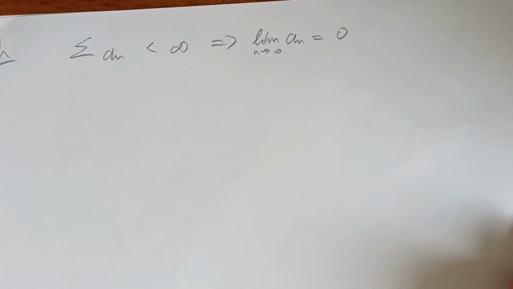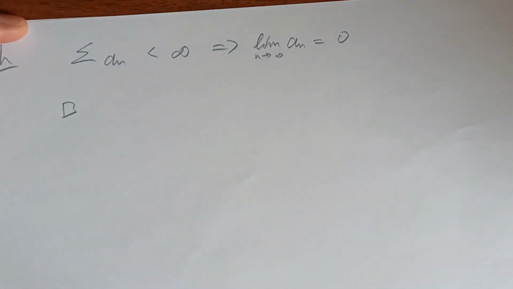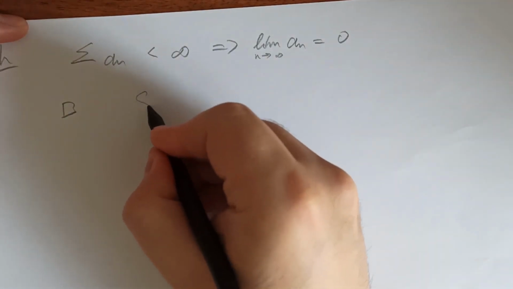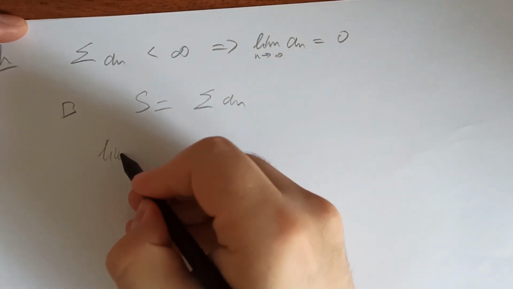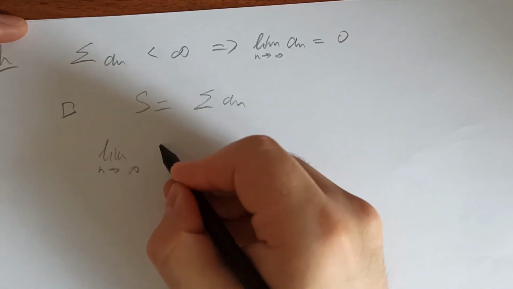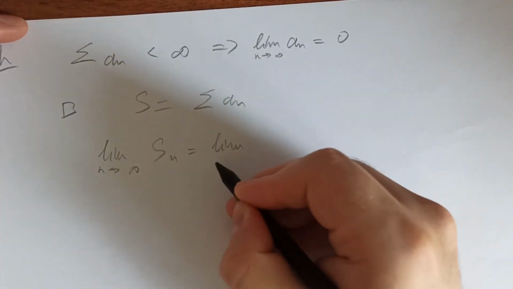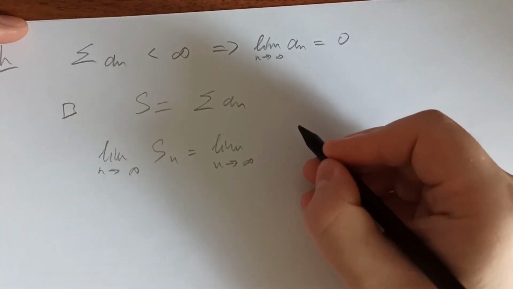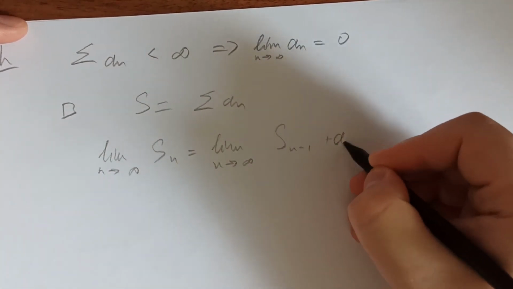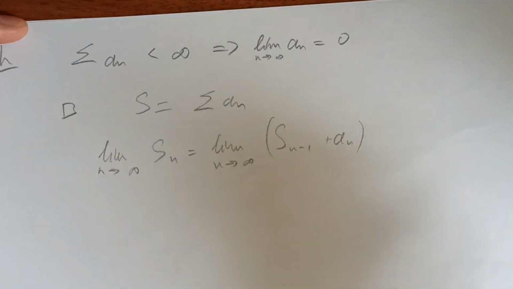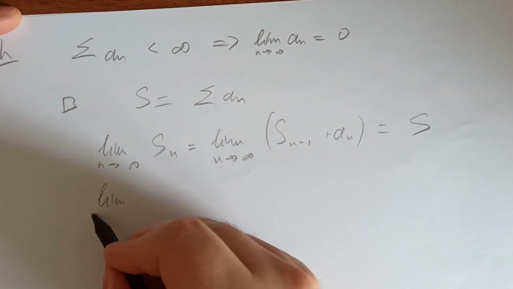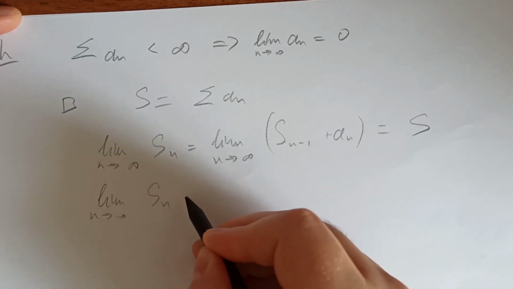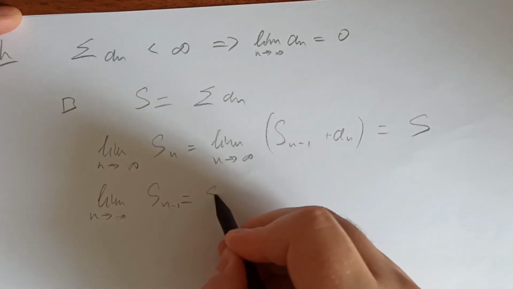So how do we deal with the proof? Let us have s as the sum an. Then the limit as n goes to infinity of Sn will be the limit as n goes to infinity of Sn minus 1 plus an, which will be s, because an is only one number. So from here we have the limit as n goes to infinity of Sn minus 1 is s.